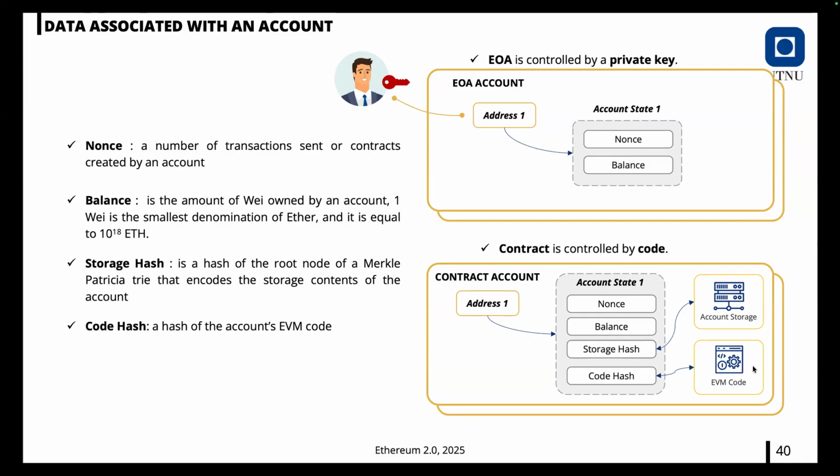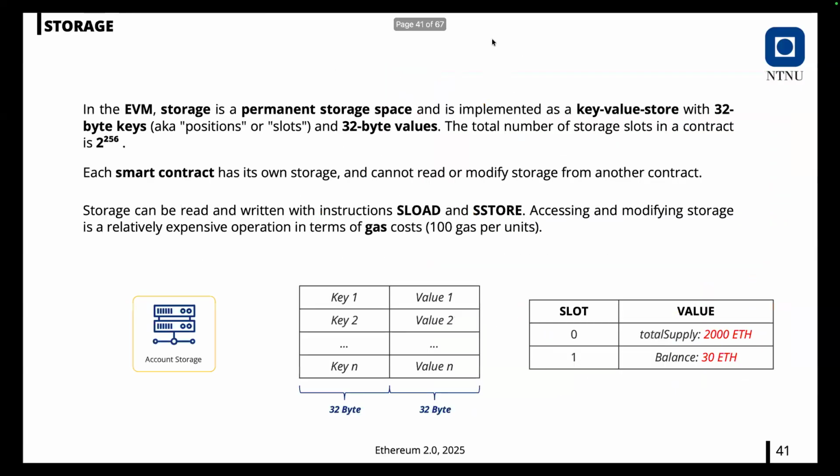So they have a certain code associated with them, and they have a certain state, but there is no private key. So it's kind of controlled by the code itself, right? So the contract addresses are similar to the externally owned addresses, but they are not controlled by the private key. Does that make sense?